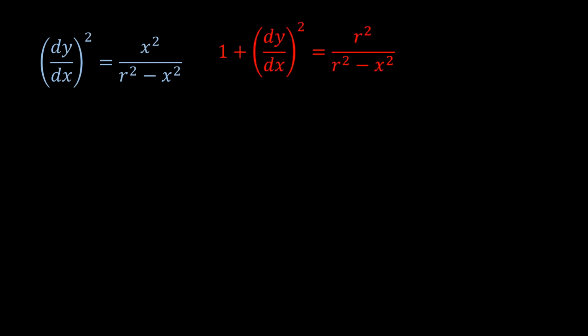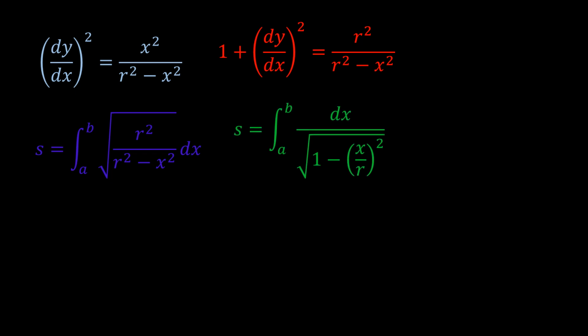The square of this equation gives this. 1 plus this squared gives r squared over r squared minus x squared. Subbing this in our integral yields this. We can factorize out r from the denominator to have this.